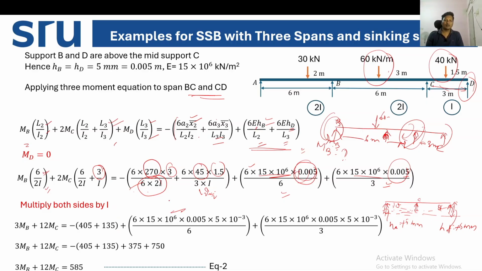As the equation is drawn, we can multiply both the sides by the I values. So multiply the I values here. If you multiply it with I, I will be cancelled out. 6 by 2 will be 3.